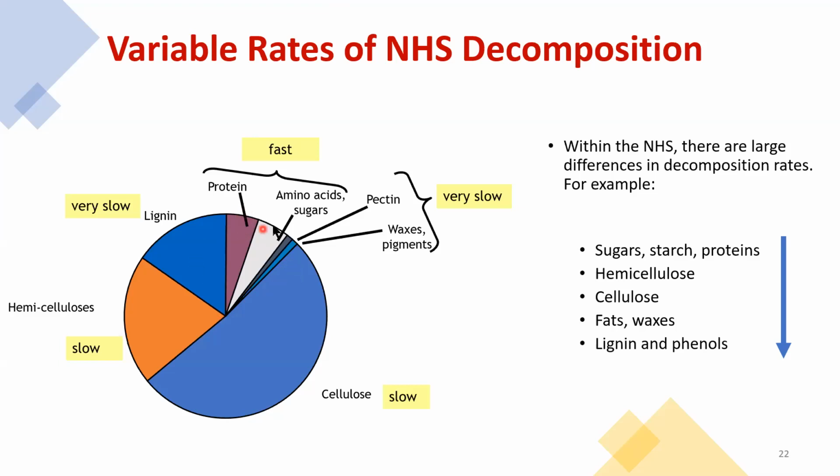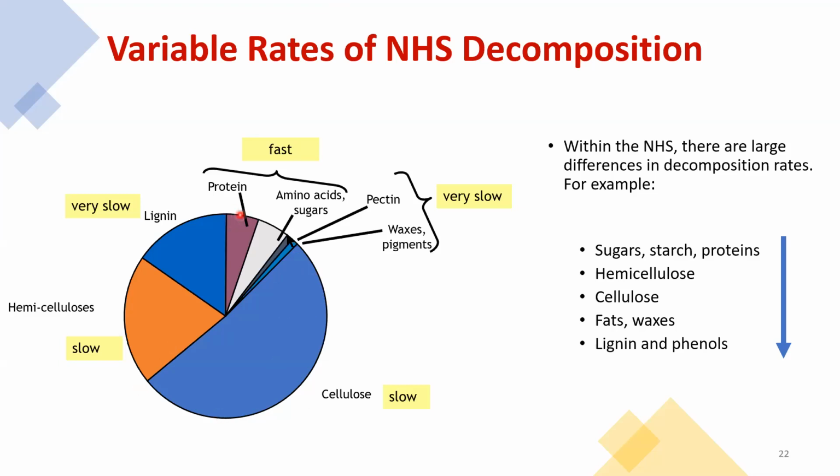Proteins, amino acids, sugars, are very fast. Then waxes, they are very slow. Cellulose is also slow. Hemicellulose is also slow. And lignins are very slow. So these are the distribution of different non-humic substances, because the major part is cellulose, which is also slow.